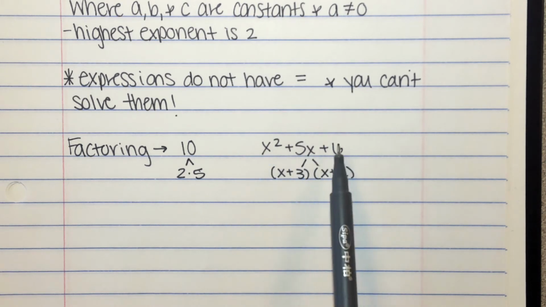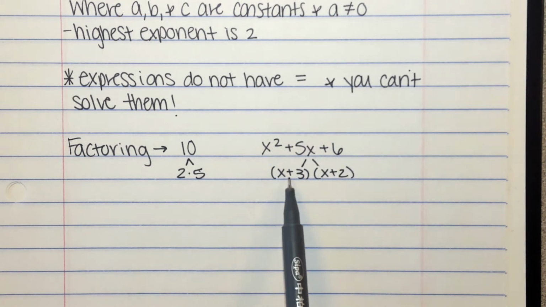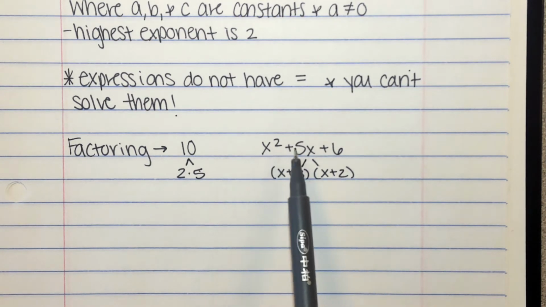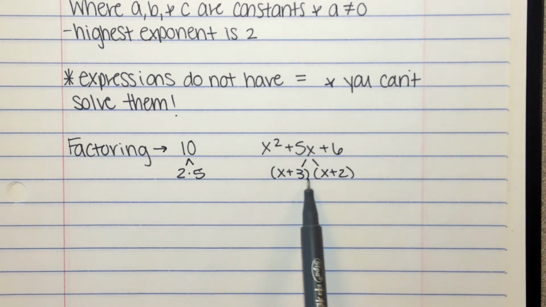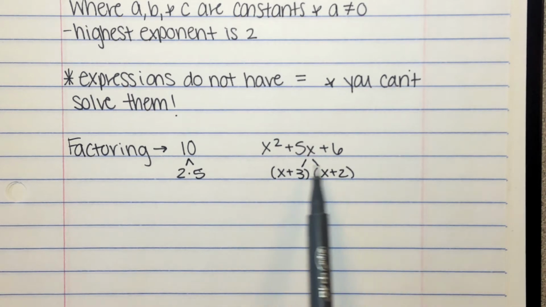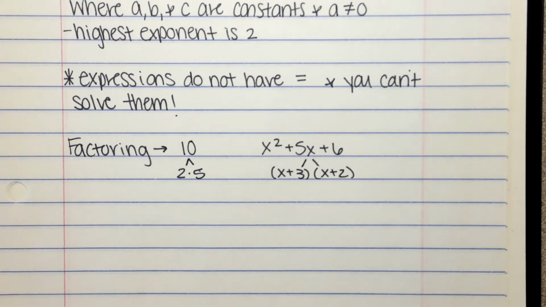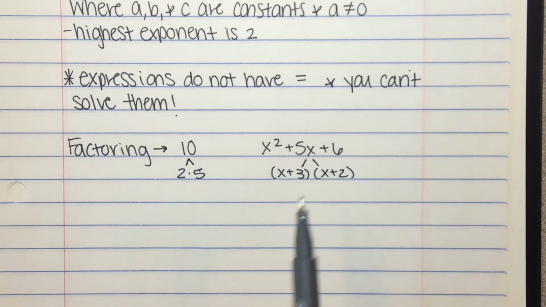We're breaking this expression up into 2 smaller parts, and if you multiply x plus 3 times x plus 2, you get x squared plus 5x plus 6. So this is what we're doing. This is what our factoring is going to look like today, and this is what your answers are going to look like. We're practically undoing the double distributive property or the FOIL method or whatever you want to call that. We're taking it apart, okay?